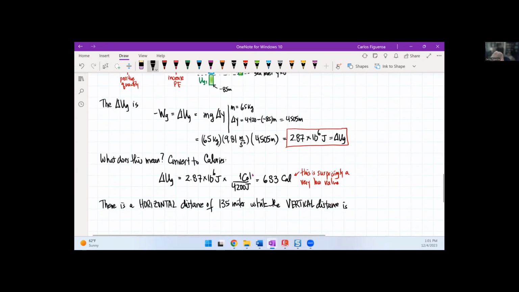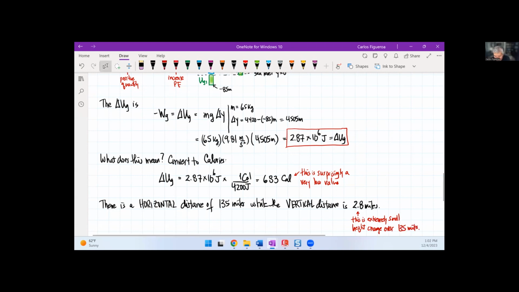Yeah, 2.8. This is extremely small, the height change over 135 miles.